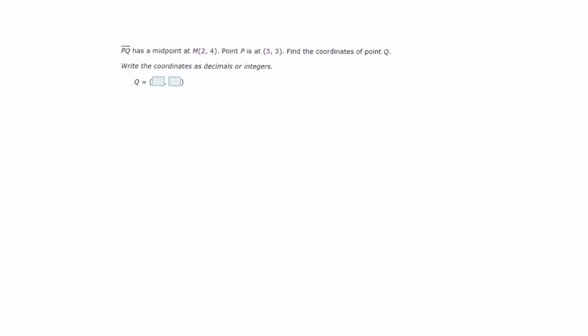So now they're going to give us an endpoint. They're asking for another endpoint, but they do give us a midpoint. Now, we saw from the previous problem that in order to get 2 and 4, they did 4 divided by 2 and 8 divided by 2.